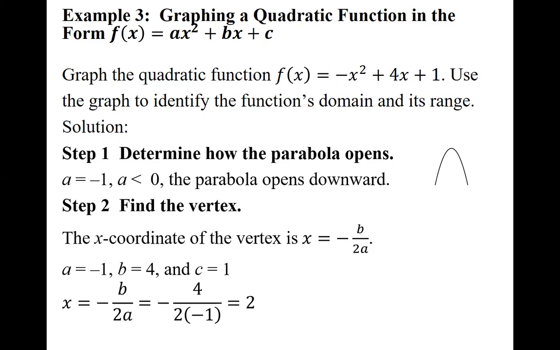That'd be -4 over -2, which is +2. So the x coordinate of the vertex, our h, is 2. We have to plug that back into the function. We need to find f of 2 in order to find k.